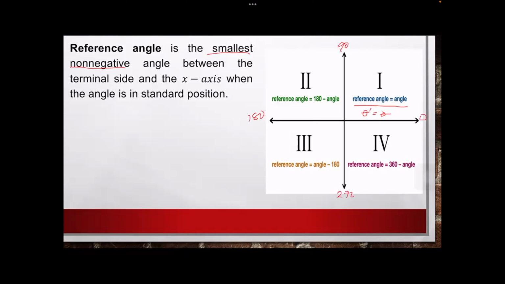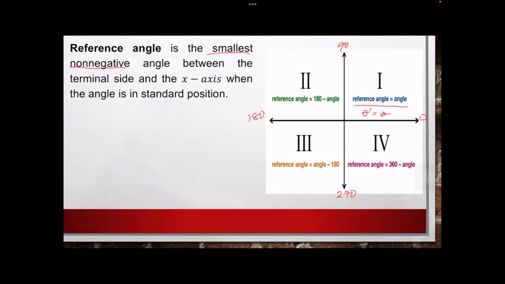So, kapag ang sagot mo is greater than 0 but less than 90, that belongs to quadrant 1. So, the reference angle, kunwari, what is the reference angle of 1? Still 1. What is the reference angle of 45? Still 45. Kasi hindi siya tumaas sa 90.